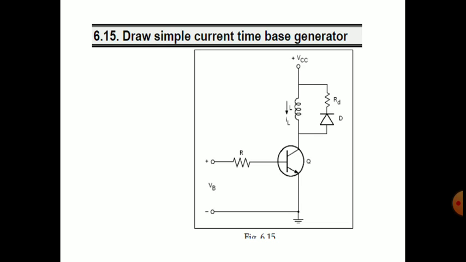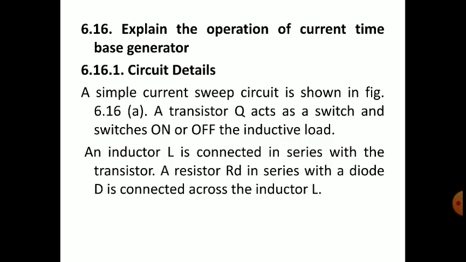I hope all of you have drawn the circuit. Now moving on to the operation of the current time base generator. A simple current sweep circuit is shown in the figure. A transistor Q acts as a switch and switches the inductive load on or off.